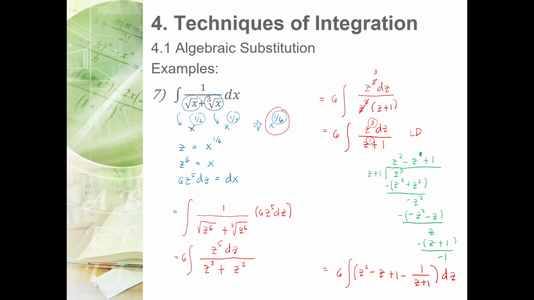Since there's no more space on the screen, just try to continue this one on your own. If you integrate this, it would give us 2z cubed minus 3z squared, plus 6z, and then minus 6 ln of z plus 1, plus c.